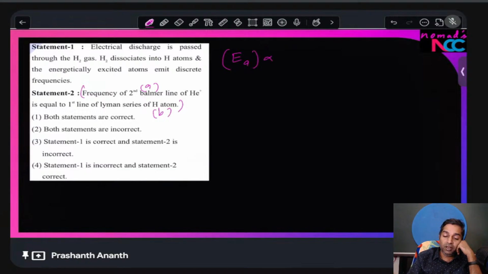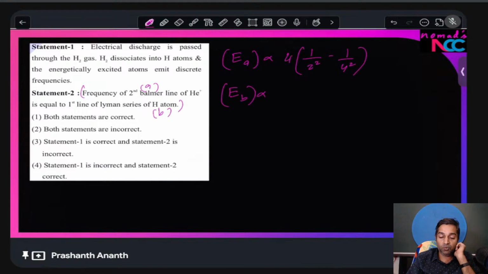So it's going to be 4, because it's 2 squared, into frequency of Balmer second line. So n equal to 4 to n equal to 2 transition: 1 by 2 squared minus 1 by 4 squared. Whereas energy of B is going to be proportional to 1 squared multiplied by first line of Lyman: 1 by 1 squared minus 1 by 2 squared.